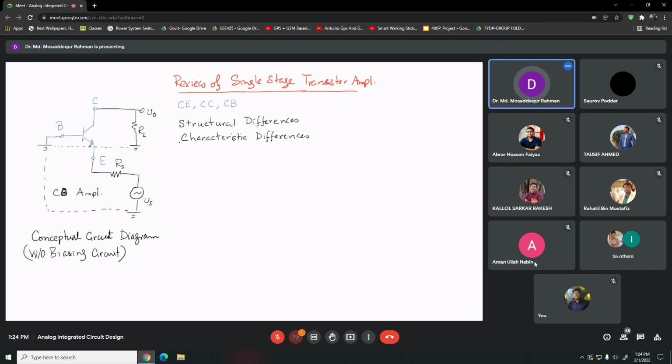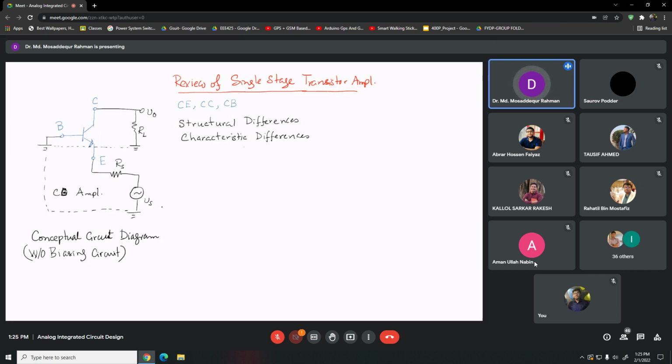Features here, not characteristic features, but structural features. So common base will be grounded, common emitter will be grounded, common collector should be grounded. And how we apply the input and take the output from this transistor, to show those different aspects.